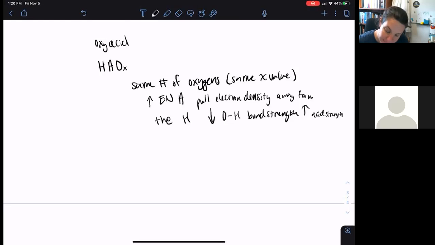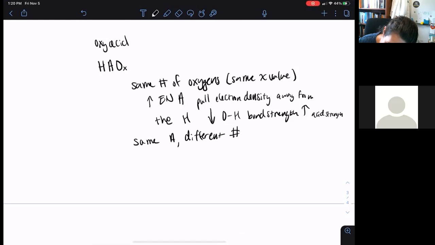Okay. And then if we have the same A but a different number of oxygens, a greater number of oxygens will result in a greater number of resonance structures for the conjugate base.